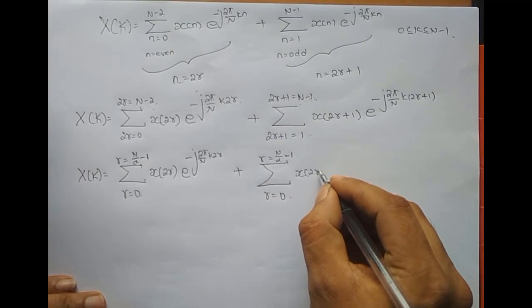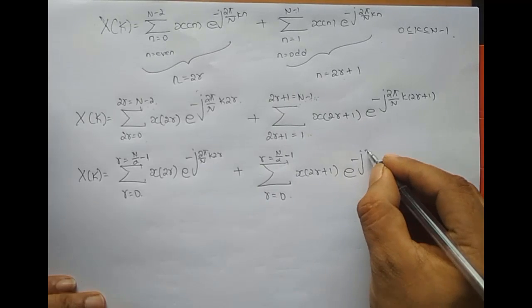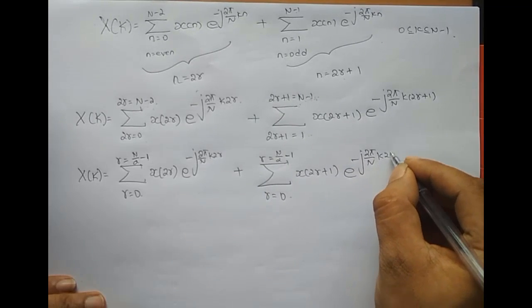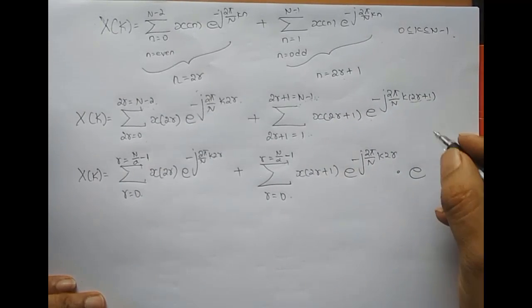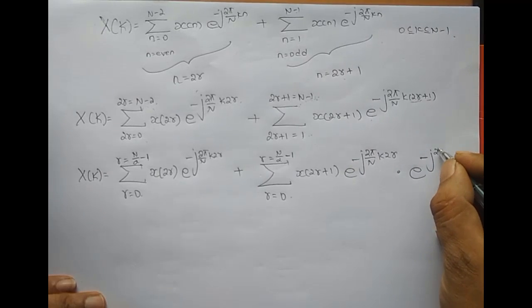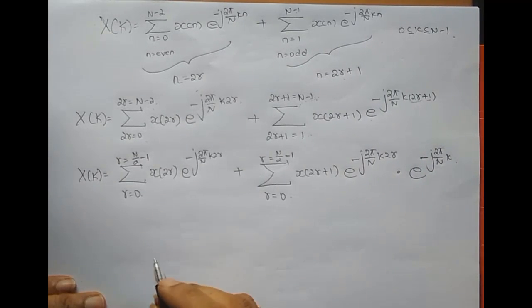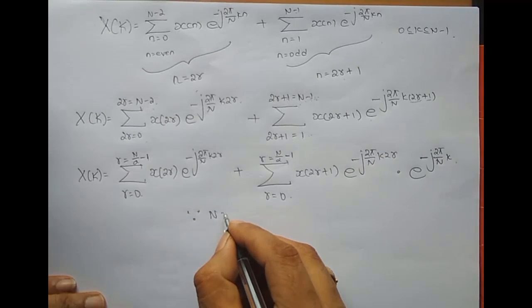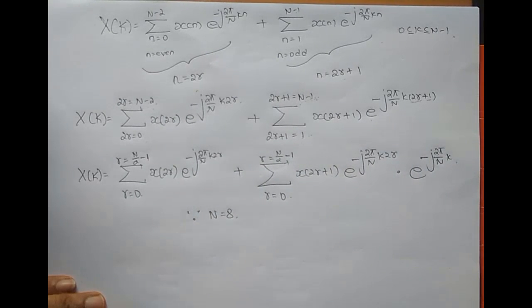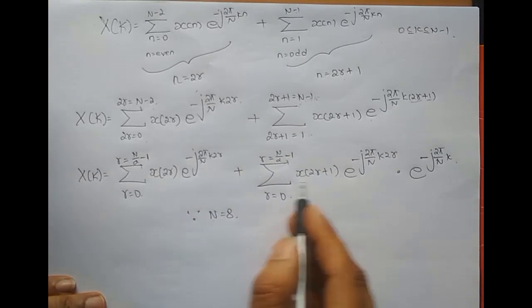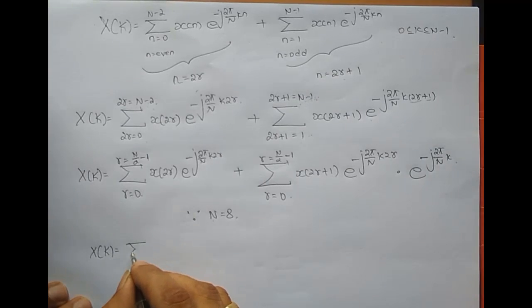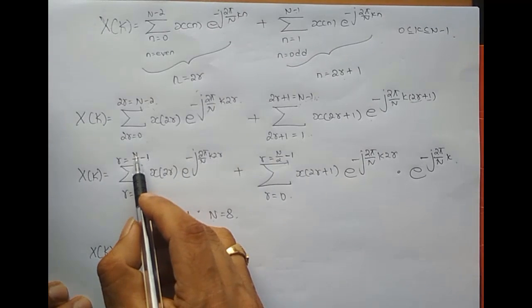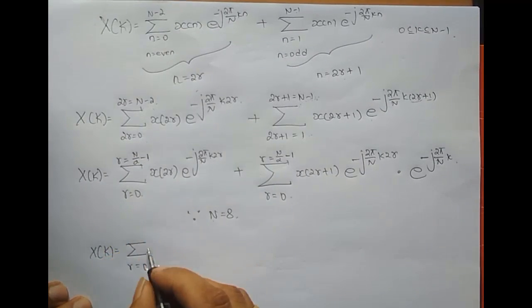So x of 2r plus 1 into e power minus j 2 pi by n into k into 2r, into, I am splitting this term, so it is e power minus j into 2 pi by n into k, right? Since I am developing an 8-point DIT FFT algorithm, I will replace n by 8 in the above equation. So what do we get? X of k is equal to summation r varying from 0 to, n is 8, 8 by 2 is 4, 4 minus 1 is 3.